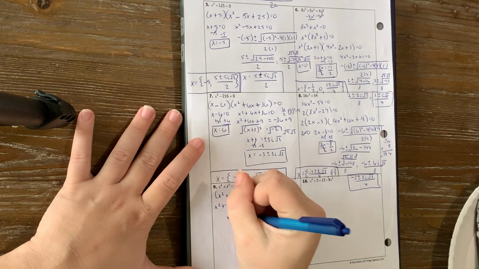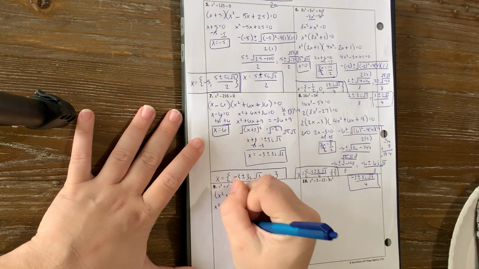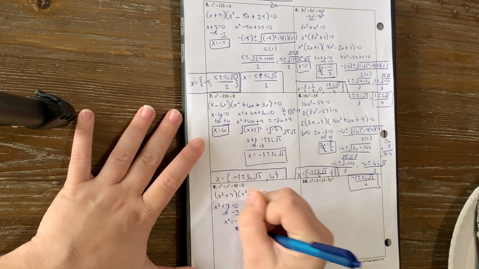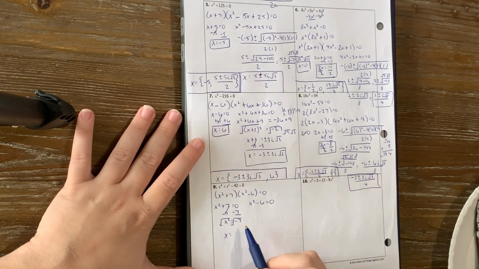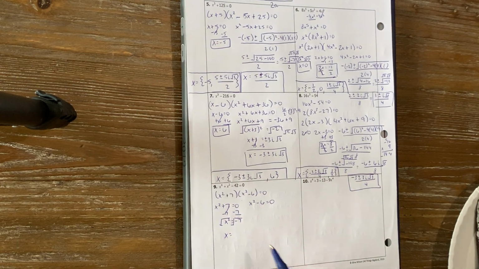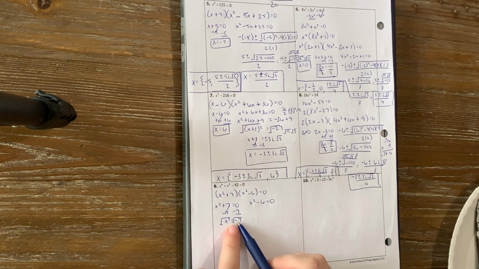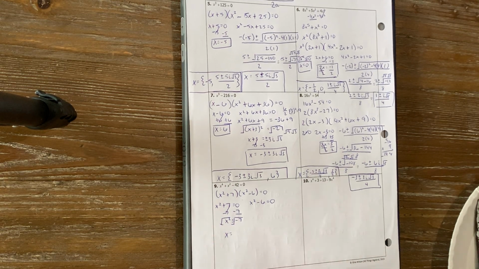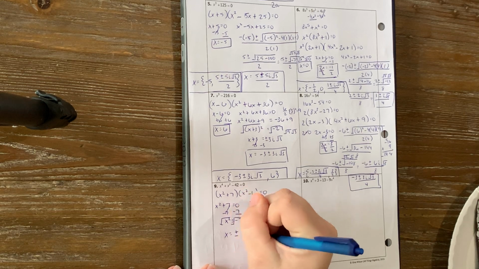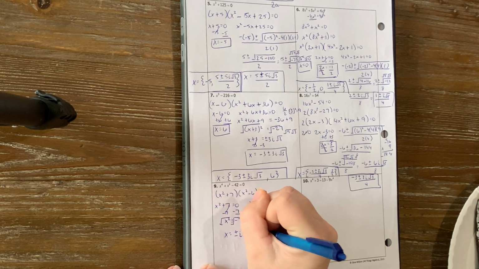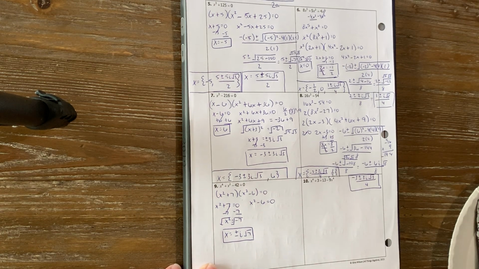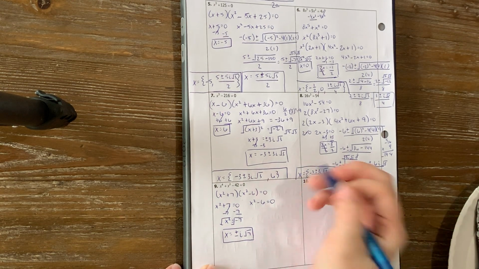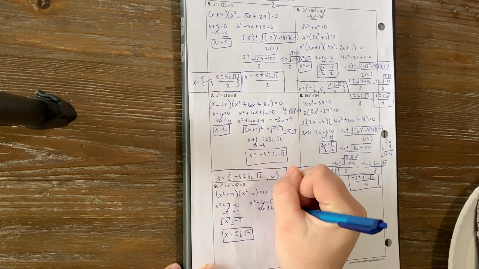So on this one right here, we want to subtract 7 over. So we have x squared equals negative 7. Take the square root. x equals, well, can we simplify the square root of 7? No, but we can take the negative 1 out, so it becomes an i. So we have plus or minus i square root of 7. Okay, on this one, we want to add 6 over.